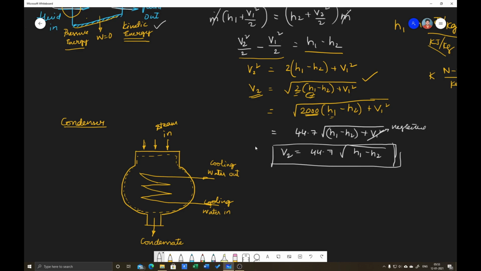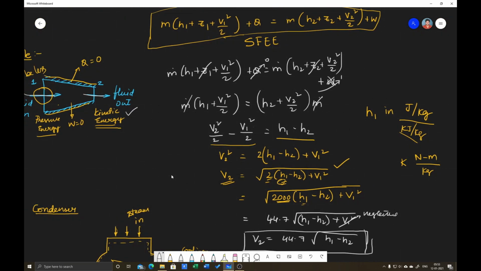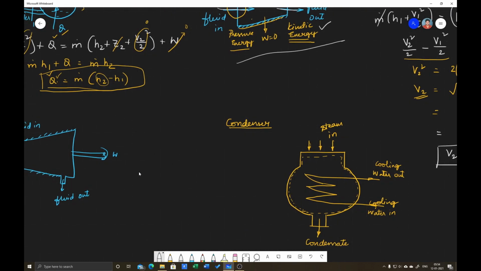There is a chance that you may get a problem using this. I suggest that you don't remember this formula. Always remember the steady flow energy equation and apply it for that particular application. It is very easy. You just have to know which terms will cancel out and which terms remain.